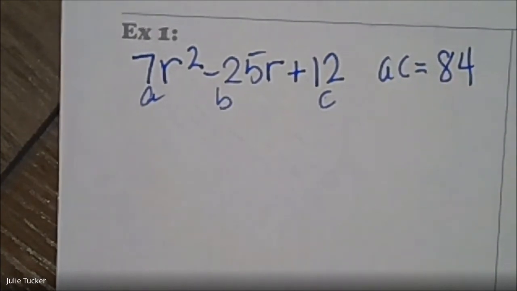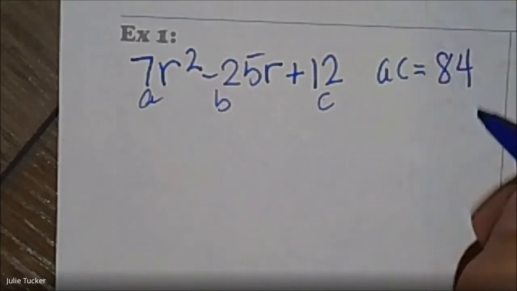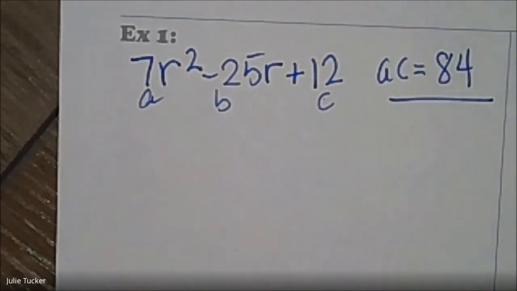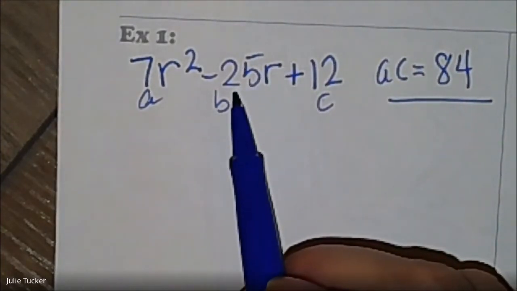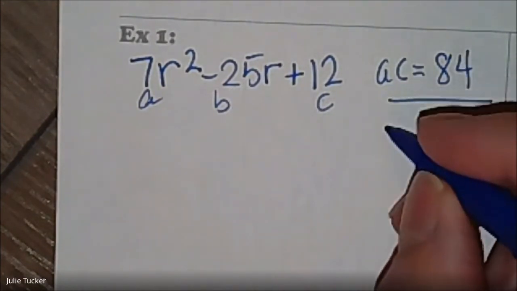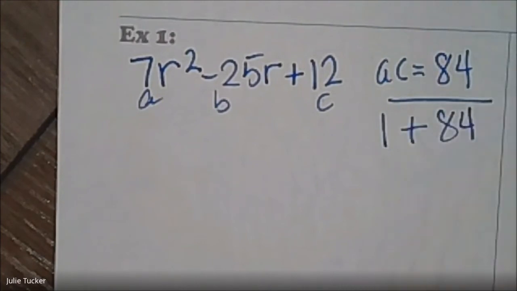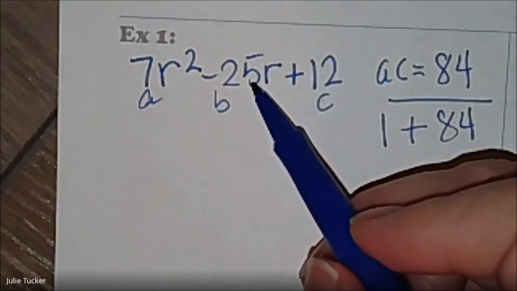Now, the next thing you have to do is list factors of 84, and those factors have to have a sum of 25. Okay? So the first factor of 84 would be 1. 1 times 84, if I add that, that's not going to be 25.